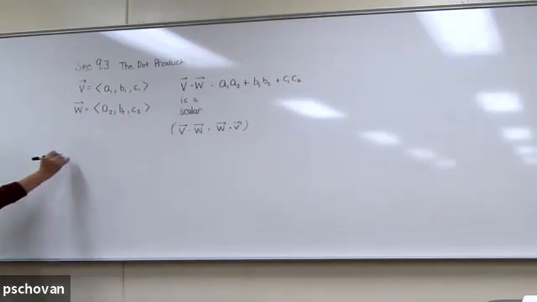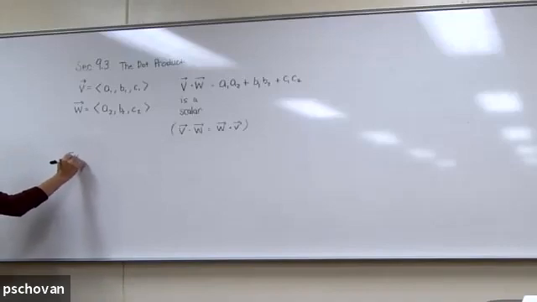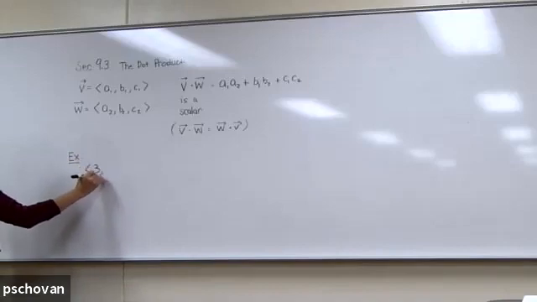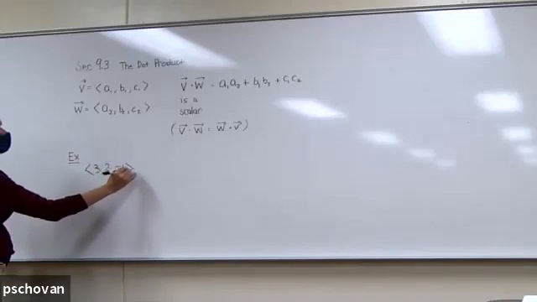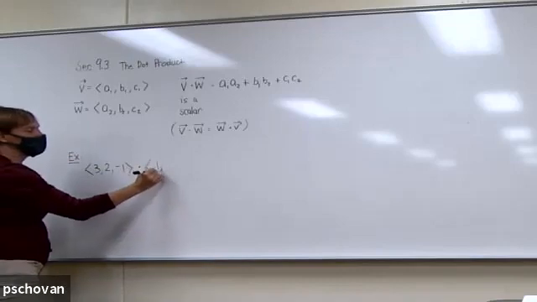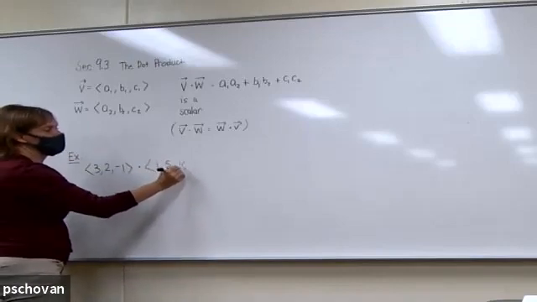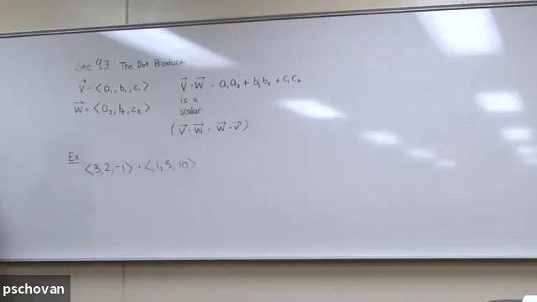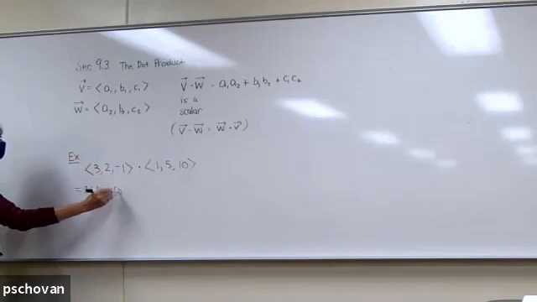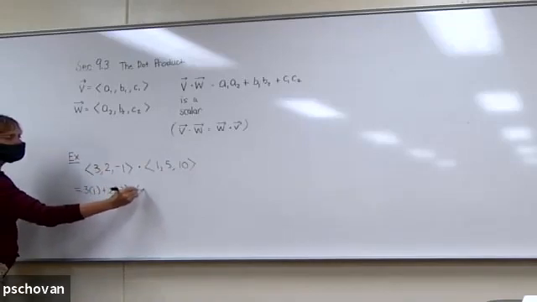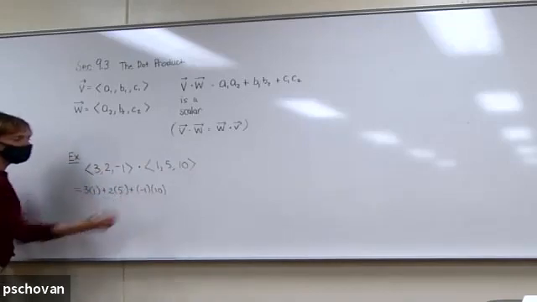So for example, if my vectors are 3, 2, -1, and I dot that with 1, 5, 10, then that gives me the real number 3 times 1 plus 2 times 5 plus -1 times 10.